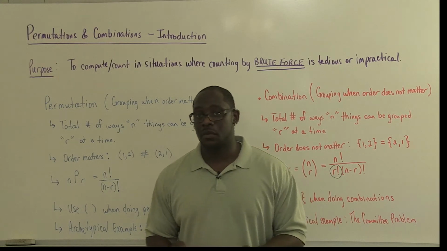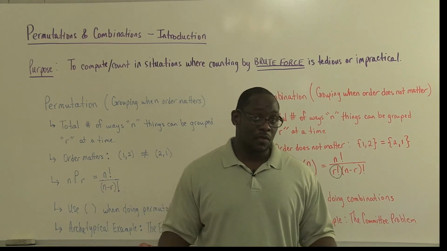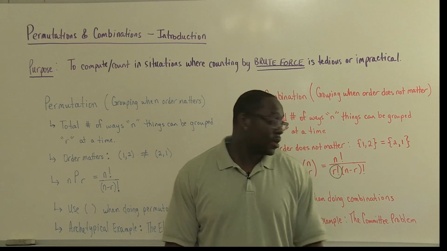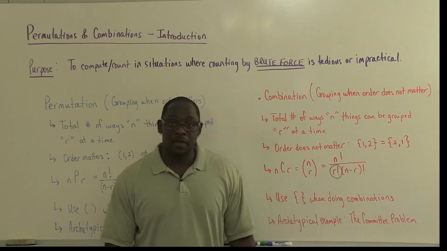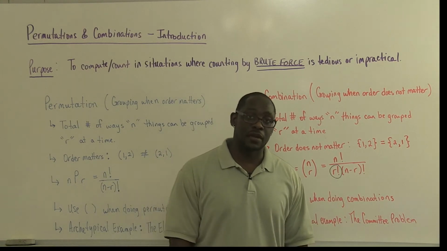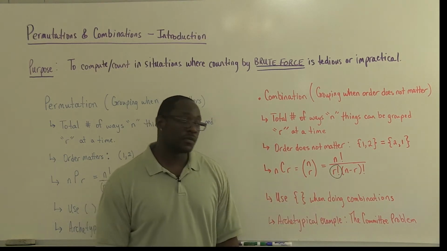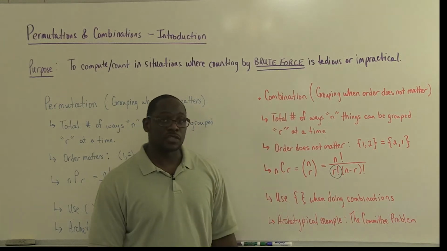So it doesn't matter whether you pick first or last on the committee. We know that with the committee, everyone has equal weight, so the order in which you're listed really doesn't matter. And so that's why the committee problem is sort of the archetypical example of combinations.